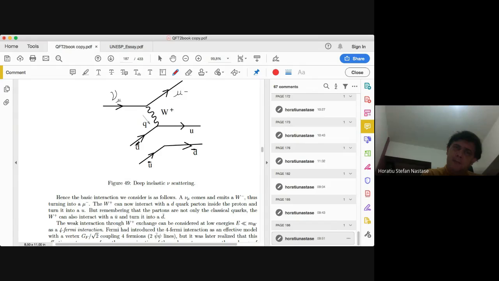So this would be DDU going to UUD, or otherwise the structure of the antiproton. So U bar, U bar, D bar, D bar going to D bar, D bar, U bar.